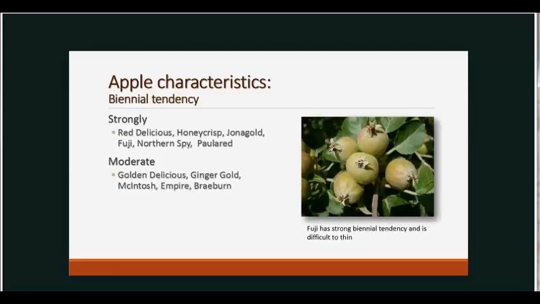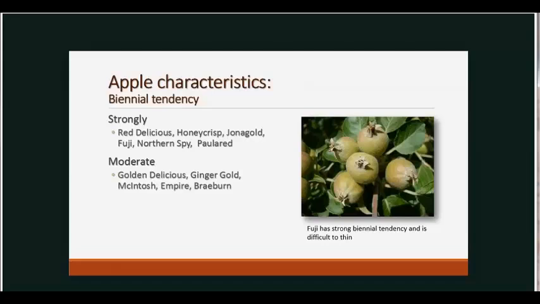Also need to think about things like the management, and one of them is how difficult they are to get a uniform crop from year to year. In general, apples have a tendency to be biennial, meaning that they have a heavier crop one year and then the next year a very light crop.